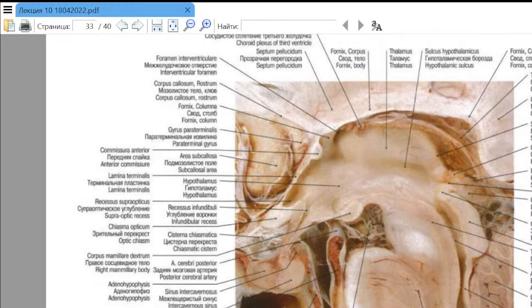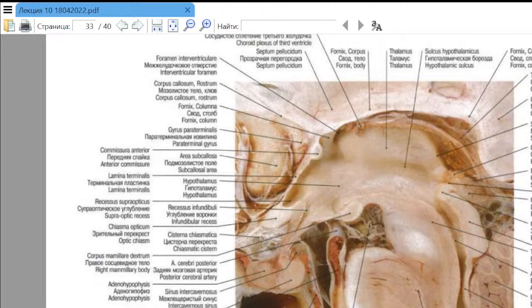Hypophysis, sella turcica. Midbrain, pons. This is epiphysis. This is thalamus.